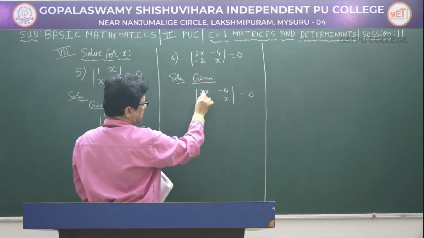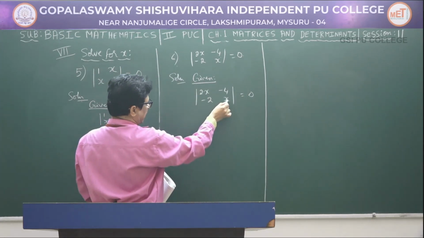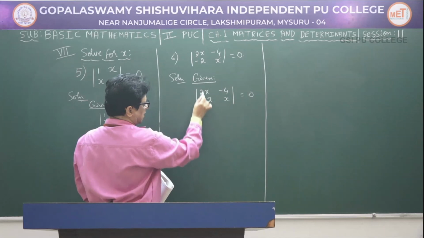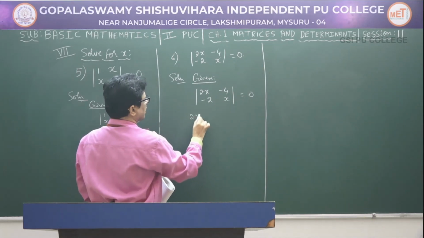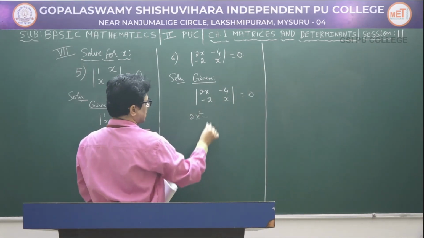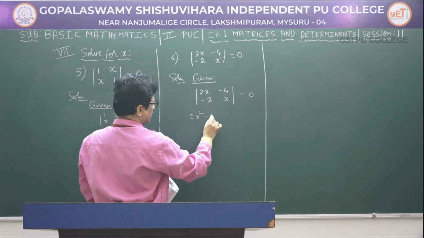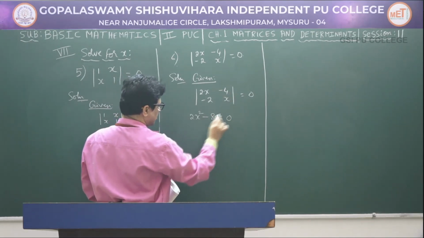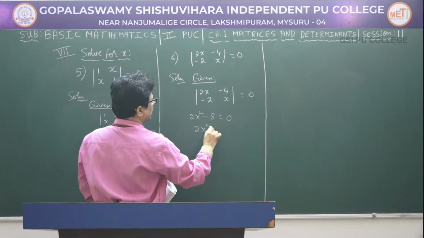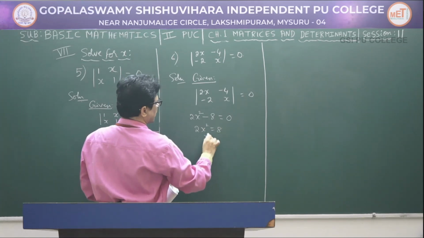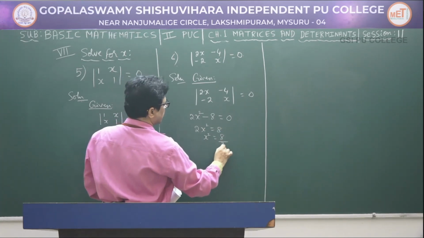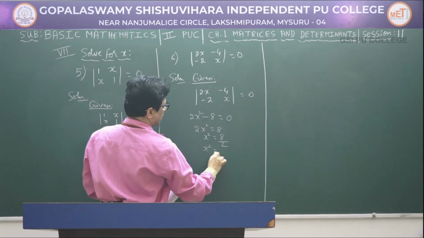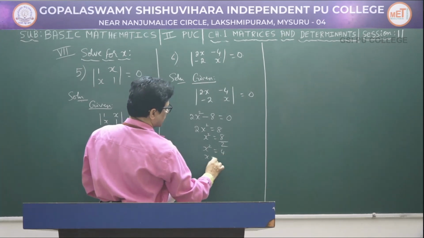The product of the principal diagonal minus the product of the other diagonal: 2x into x, 2x square, minus 2 into minus 4, 8, is equal to 0. So 2x square will be equal to 8. So x square will be equal to 8 by 2. So x square is equal to 4, x equals plus or minus 2.